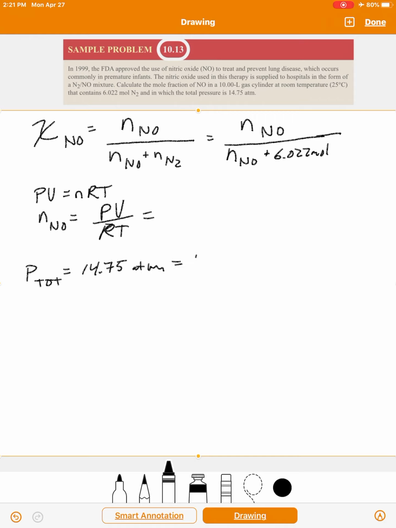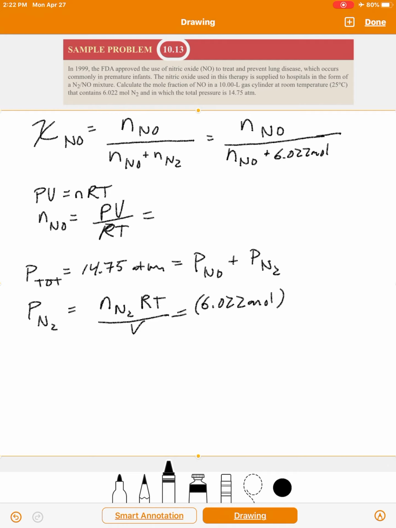According to Dalton's law of partial pressures, that's the pressure of NO plus the pressure of N2, right? So let's find out what the pressure of N2 is, because we do know how many moles there is. We know there's 6.022, and there's 0.08206. I'm going to leave the units out here because we're running out of room.